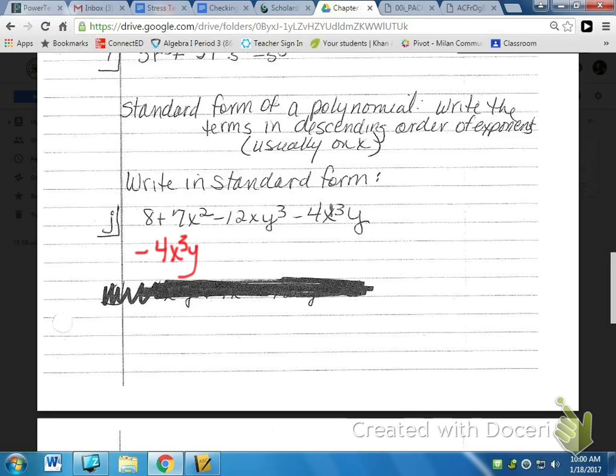Okay, what is the next exponent on an x, Megan? 2. So plus 7x squared. And then what's next? Negative 12xy cubed. Negative 12xy cubed. And then you always finish off with a constant term because it definitely has an exponent of 0. That is standard form. Questions about that?